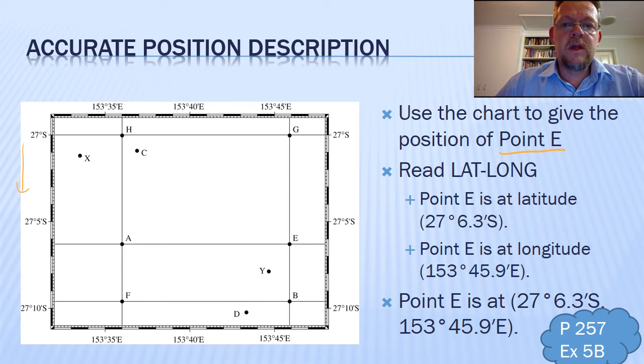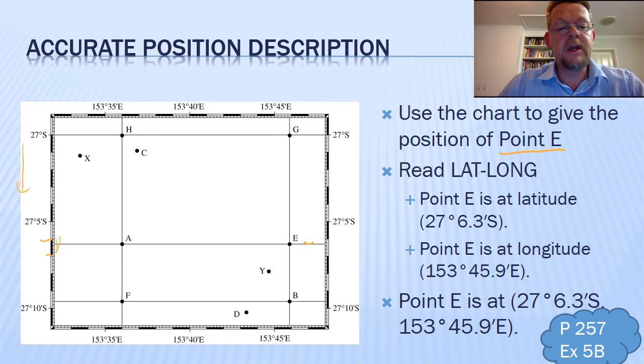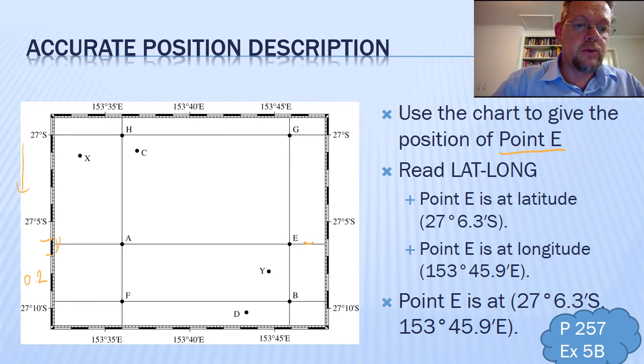And we also can see then that point E here is somewhere in between 27 degrees 6 minutes and 27 degrees 7 minutes. So that's pretty good so far. Now we need to look at each of these smaller ones here, and I can see that they're divided into fifths, or there are 5 there for each minute. So that means each one of those little ones is worth 0.2 of a minute.